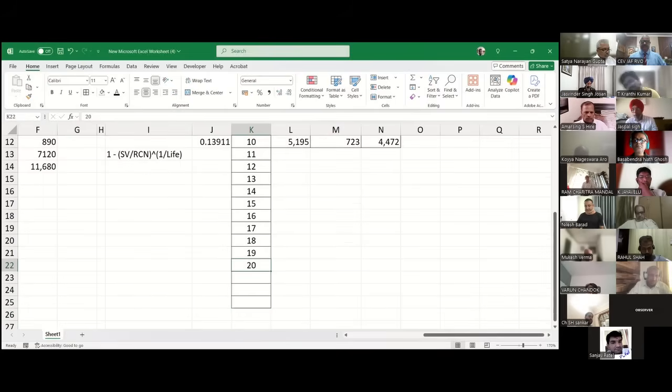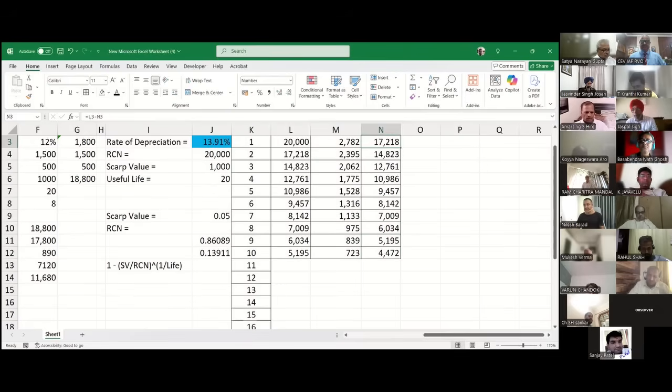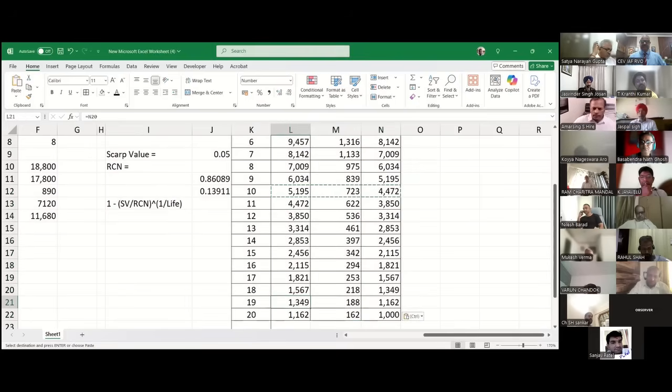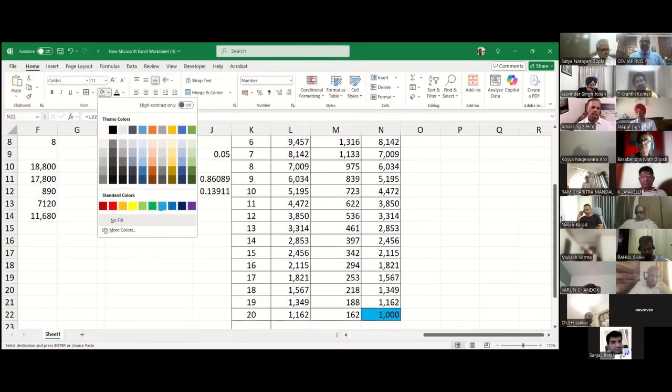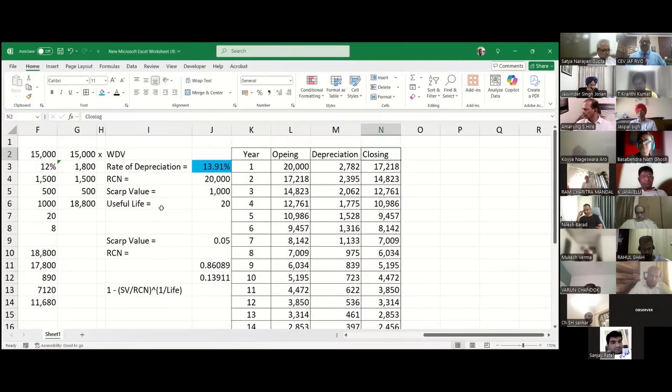If I extend this, end of the 20 years ये क्लोजिंग क्या रहेगा? 1,000, which is equal to scrap value of the asset. सही है? End of the 20 years, your net book value will be a scrap value. Any doubt? Any question in the WDV method?